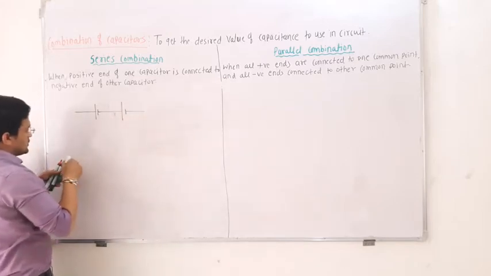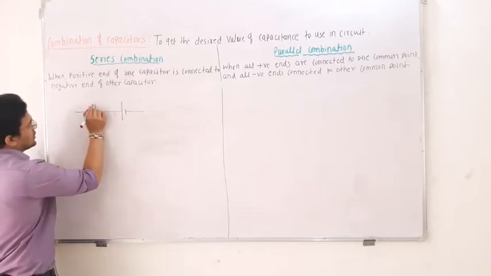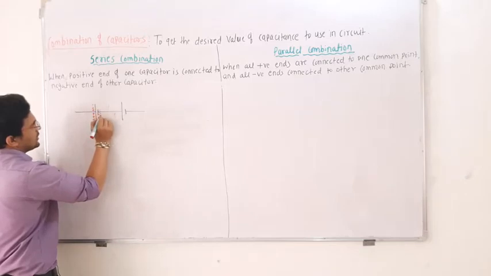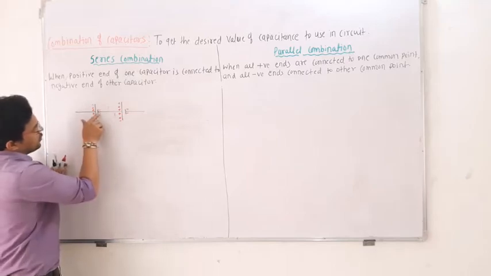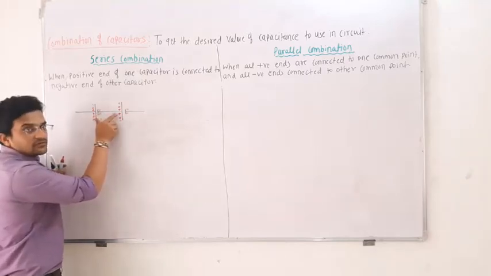Now for these two capacitors, here it is a positive plate and here it is a negative plate. The negative end of one capacitor is connected to the positive end of the other capacitor.